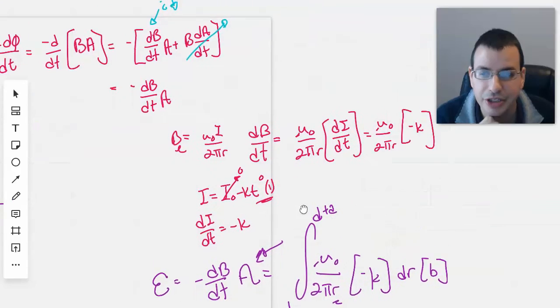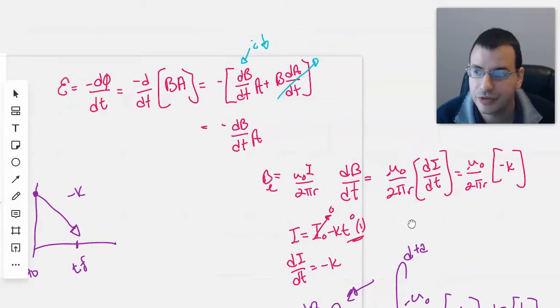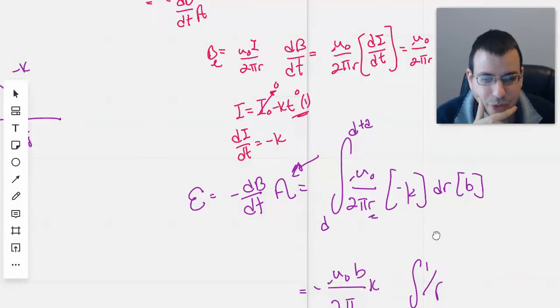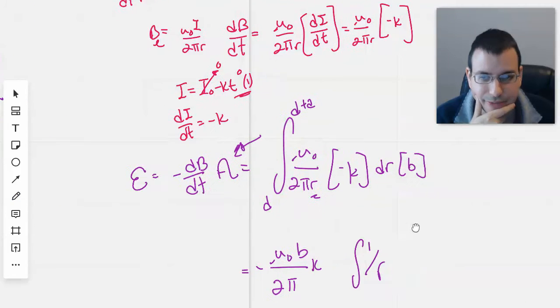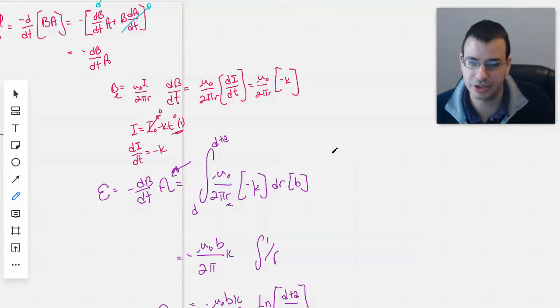So here is flux, dB dt. So the flux was, I think we did this backwards. So this is a problem not following their way of doing this.